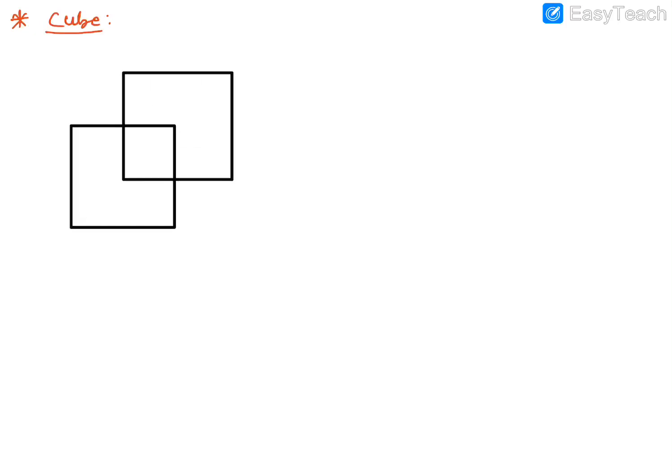So out here we've got a cube. Basically a cube is a cuboid, but all the sides are the same. So your length, breadth, height, everything is the same. Let's say this is our side a here, side a here and side a here.